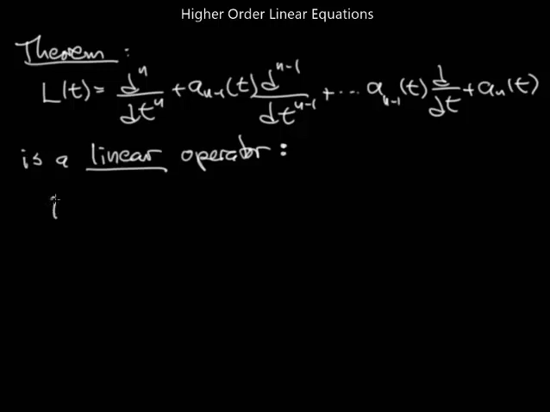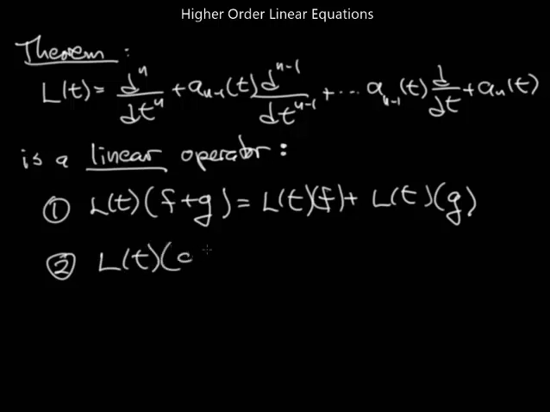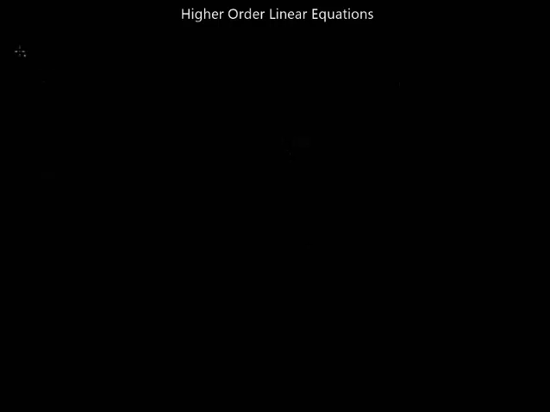And what that means, just to reiterate, is that if you apply this operator to f plus g, it's the same as applying it to f and then applying it to g. And secondly, if you apply it to a scalar multiple times a function, you can pull the scalar multiple out. By definition, those properties define what it means for an operator to be linear.